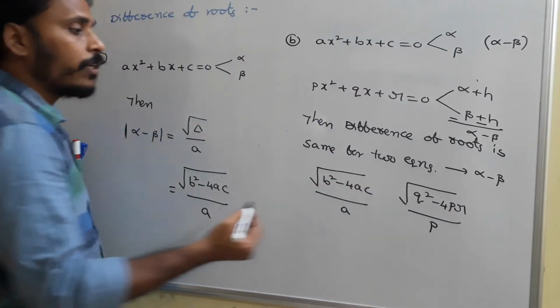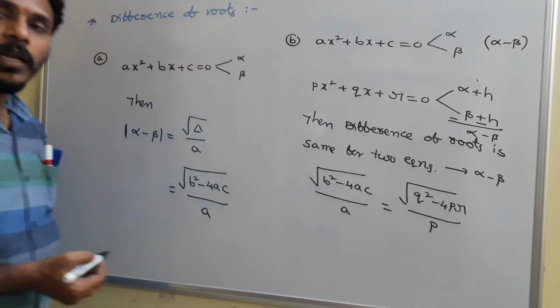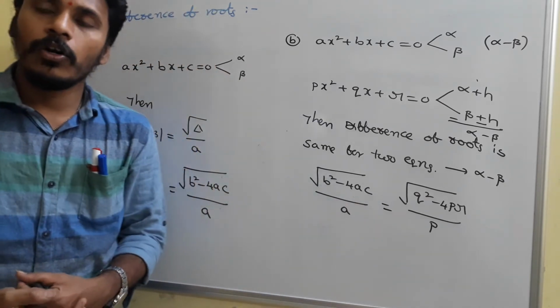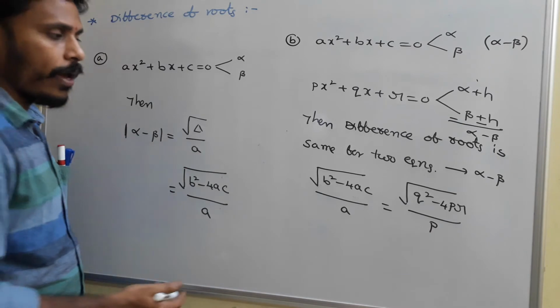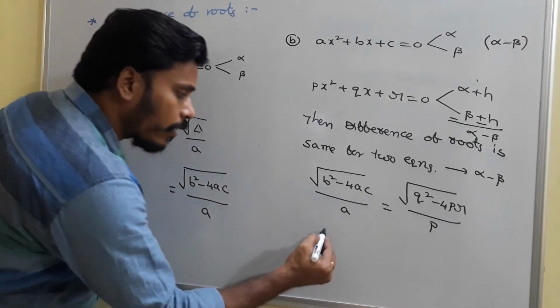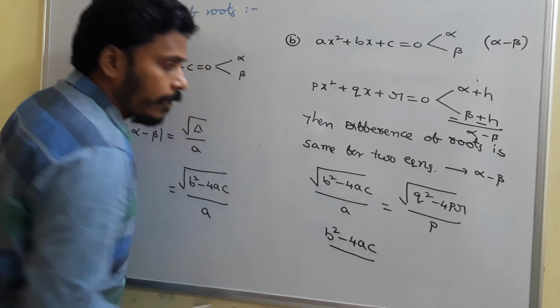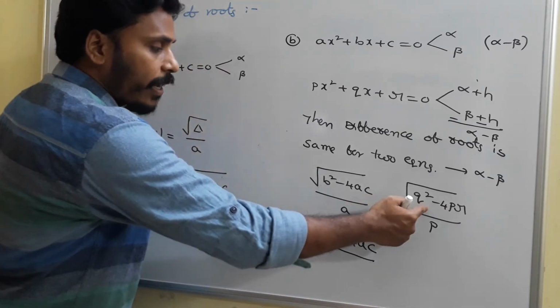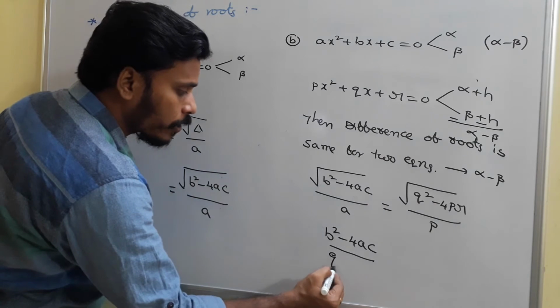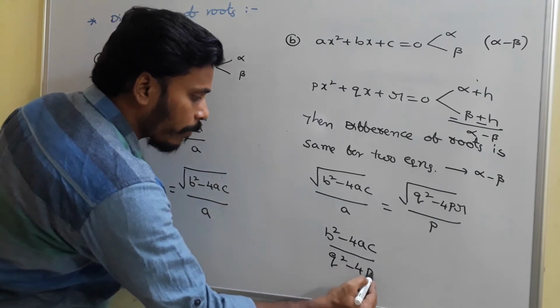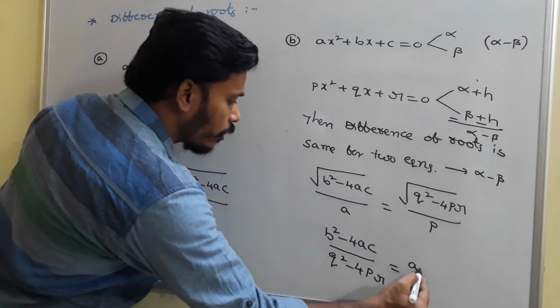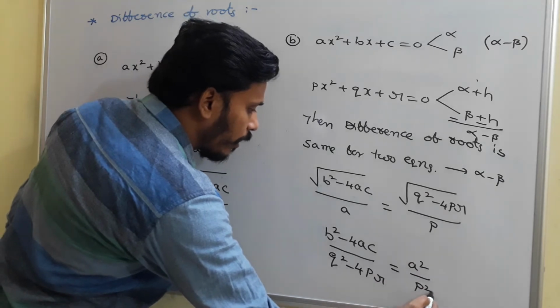As mentioned, these two are equal. Since these two are equal, you may get a relation. You just square on both sides, and then b² minus 4ac divided by q² minus 4pr is equal to a² divided by p².